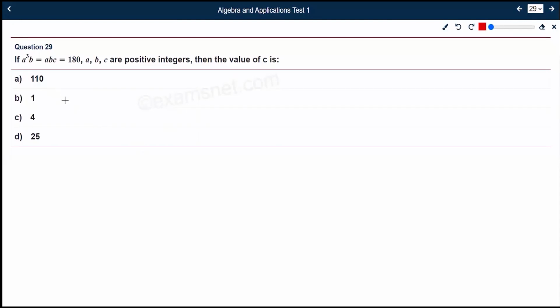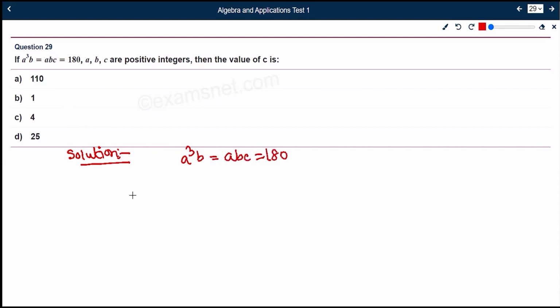Now solve question number 29. If a cube b equals abc equals 180, and a, b, c are positive integers, then find the value of c. Let's write the given information first.